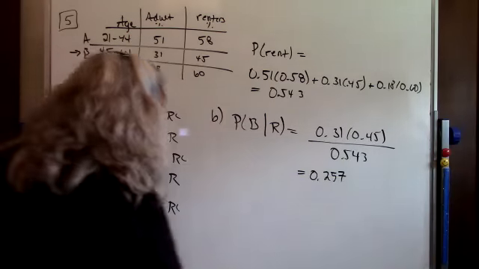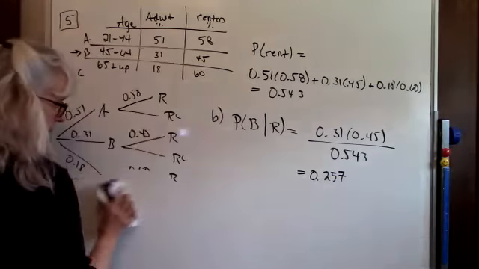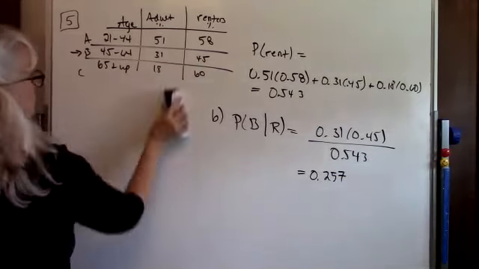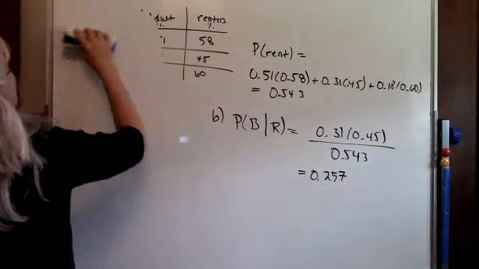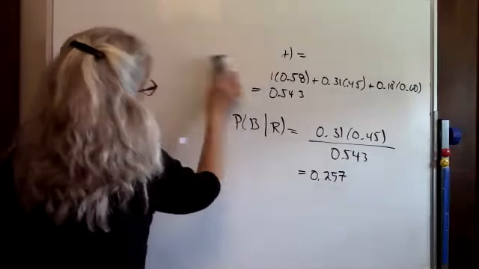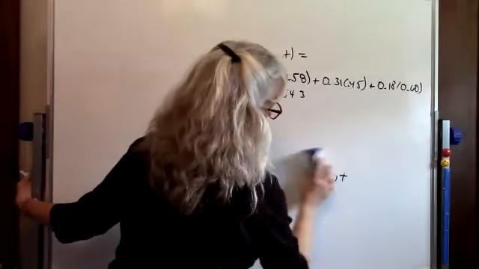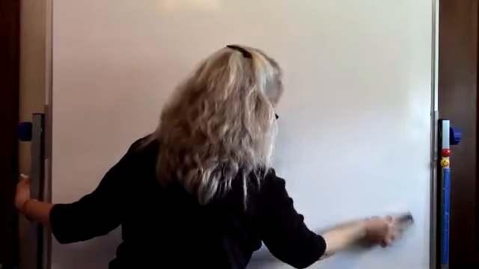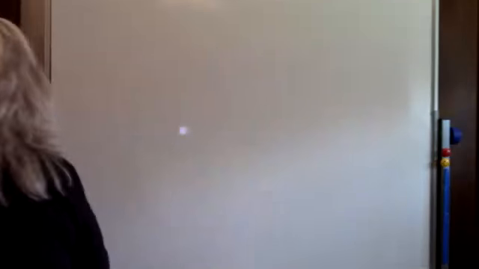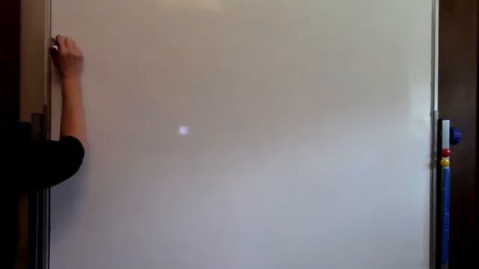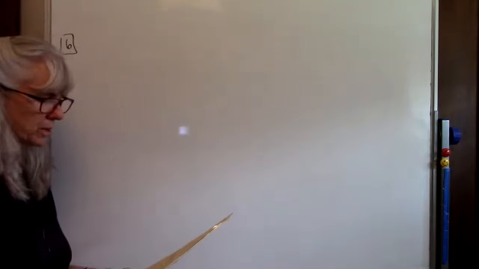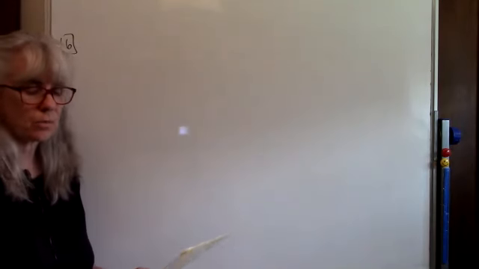Okay, one more example, we'll call it good. This is example 6. So example 6 says, Teleview and Radon Corporation are competing for a contract to build TV equipment for a pro.